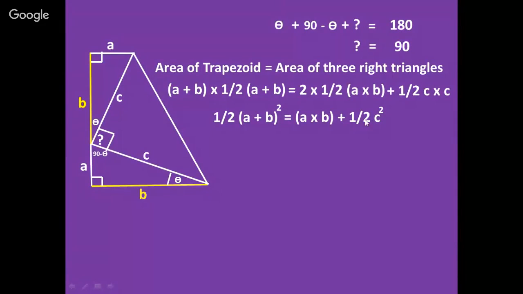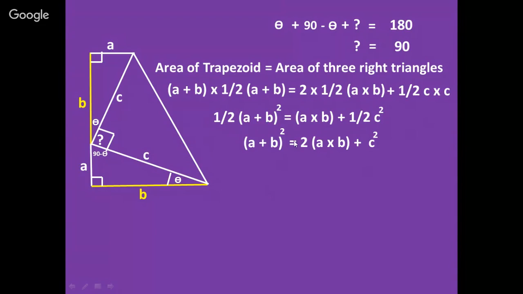So let's remove this half by multiplying all the three terms by 2. If we multiply by 2, this term will become a plus b whole squared, this will become 2ab, and this will become c squared.